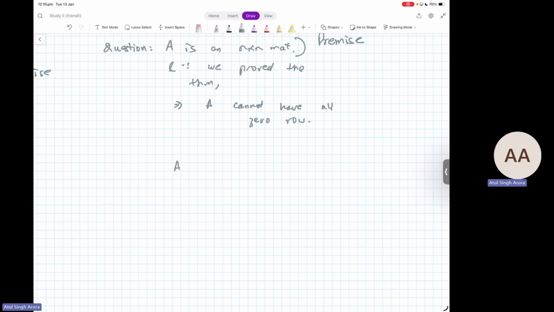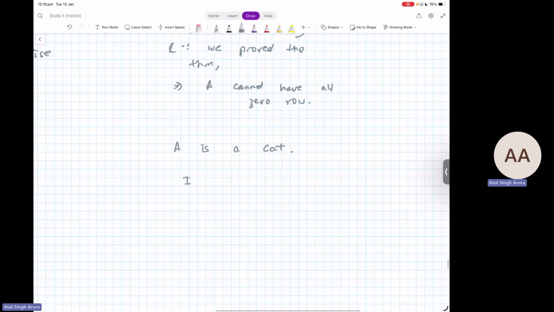Suppose that A is a dog, and the statement is that if A is a dog, then A is an animal. All right.